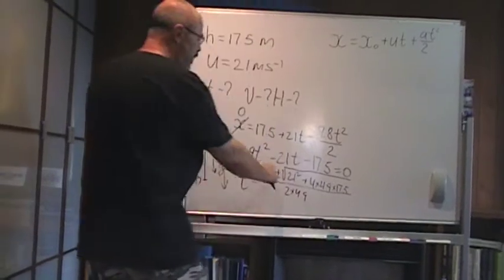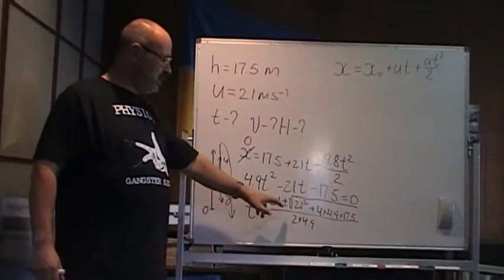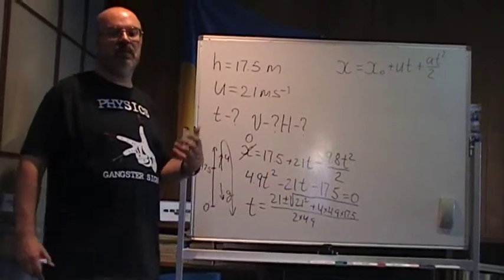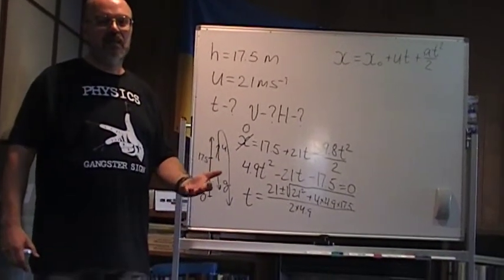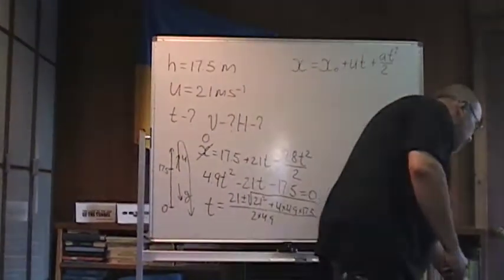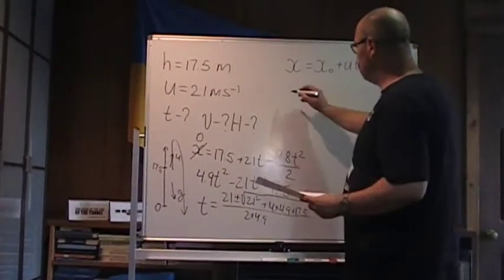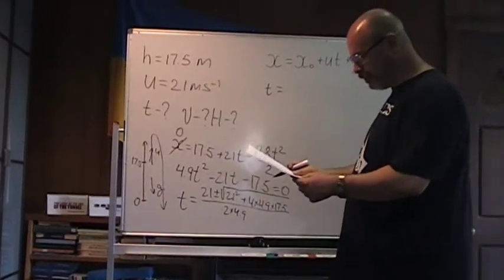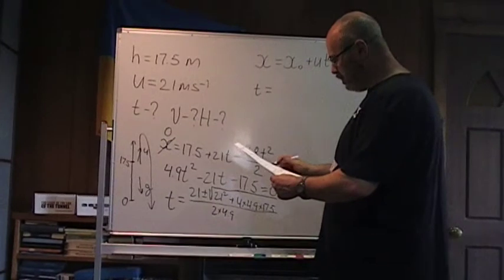When we do the calculations, if you use minus, you'll get negative time. That doesn't make any sense, so we disregard that. We use only plus, and the calculations give us the time equal to 5 seconds.